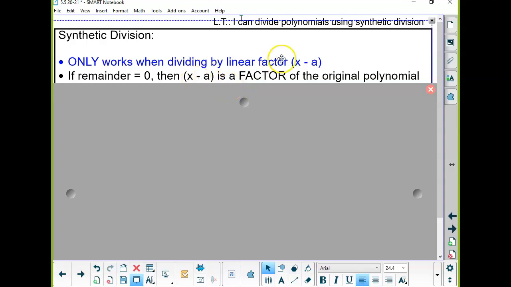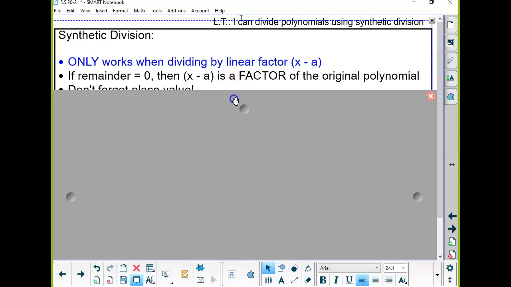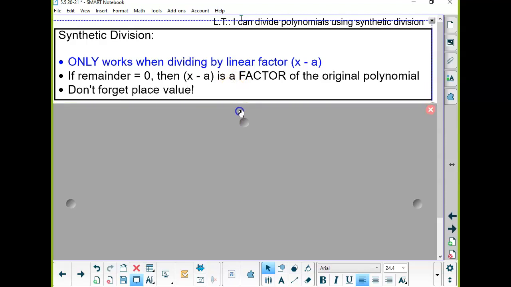But it basically is, if you can divide and you get a 0 remainder, whatever you divided by is part of the factor of that original expression. And then, as always, this is true for any method, don't forget your place values. If there's a missing term, we fill it in with a 0.